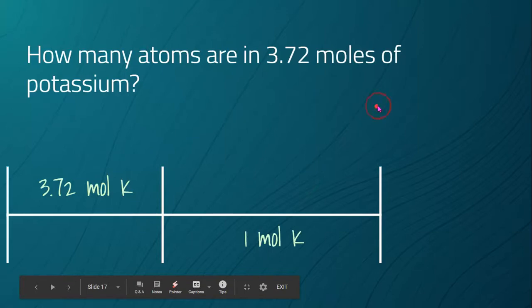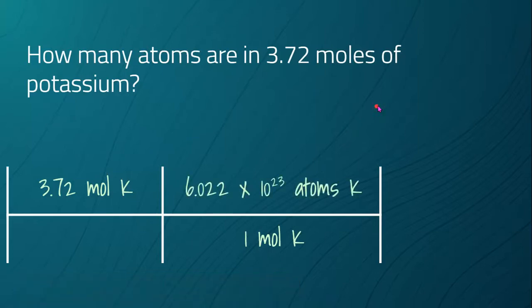And then I'm going to put 6.022 times 10 to the 23rd atoms of potassium up. Now, since I'm just looking at a single element, I am going to change the word particles in the unit of Avogadro's number to atoms to specify that I am looking at atoms of potassium instead of molecules.